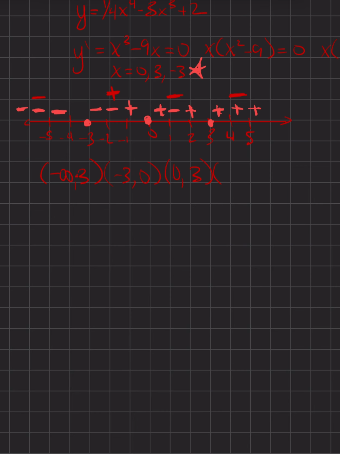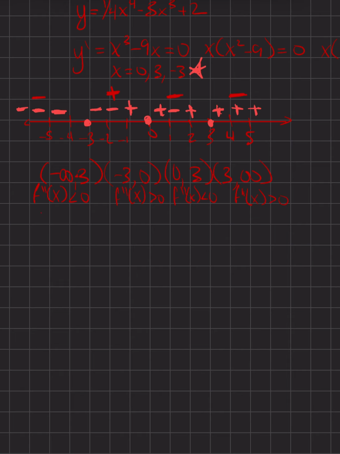And then from 3 up to infinity. So what do we know here? We know that the second derivative of f of x is going to be less than 0 right there. The second derivative is going to be greater than 0 next. And then, as I said before, it's just going to alternate. So we're just going to write this down a couple more times.